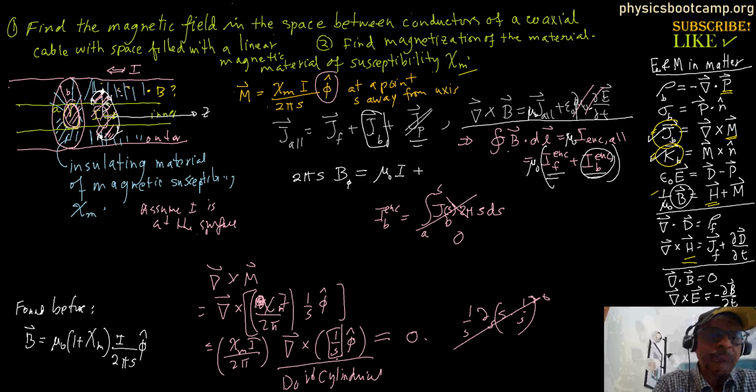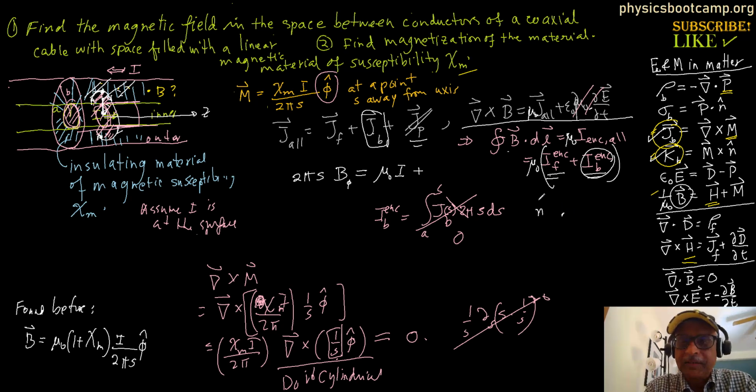However, if you look at this inner surface here, on all these surfaces, actually the n hat is coming down from the inside of the material to the outside.